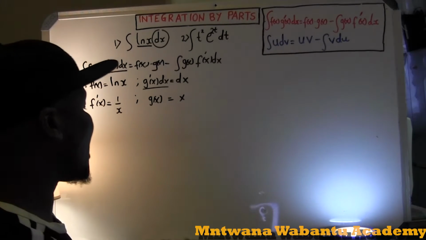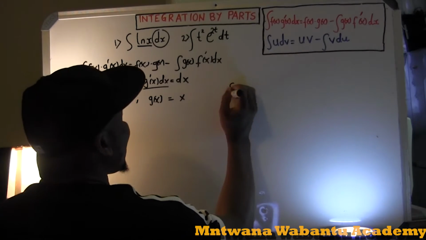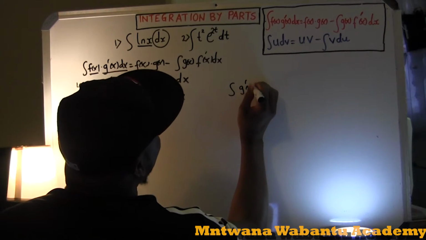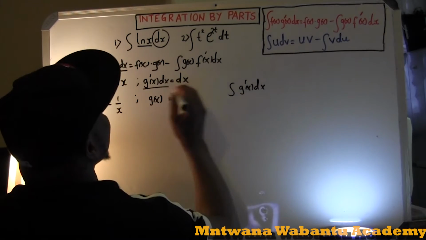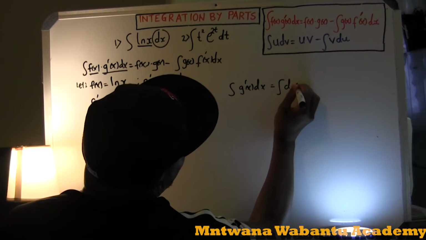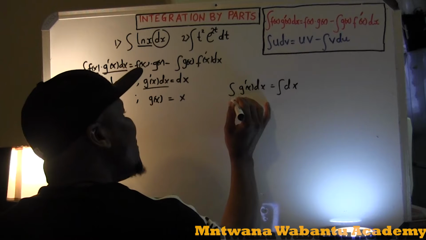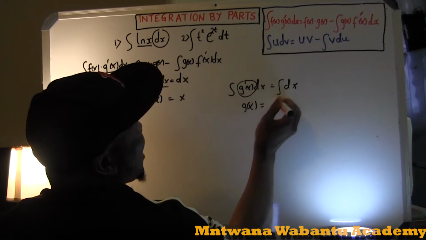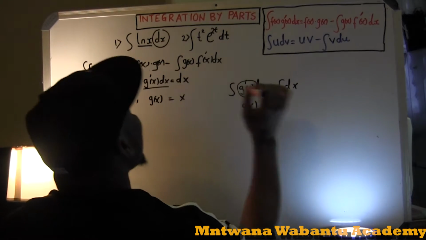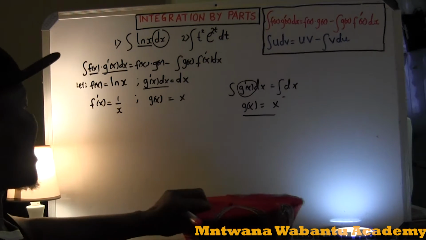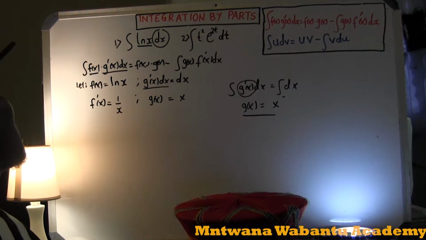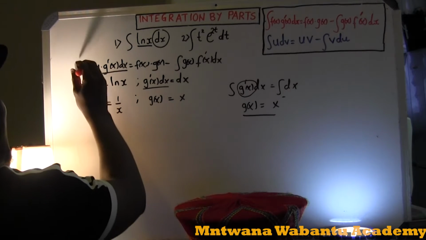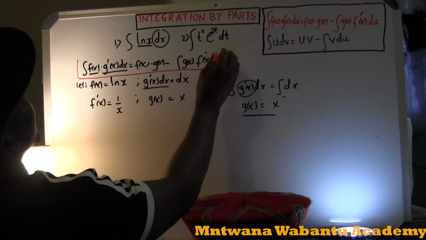How? Let's check here quick. If I integrate g prime dx, and also integrate dx, it means if you integrate g prime, it gives you g of x, and when you integrate dx, it gives you x. That's how I got this. So now the next thing, we have to substitute in our formula.